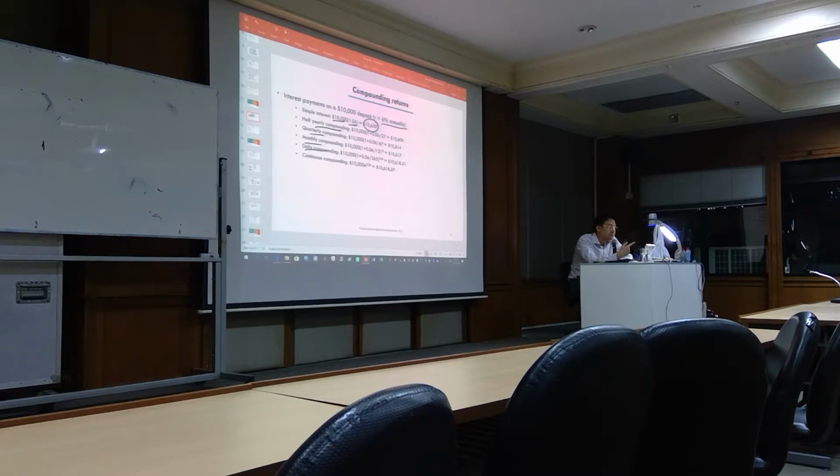But if a bank pays you with half-year compounding, they will divide 6% into 6 months, right? 6% is a full year. Therefore, for 6 months your interest rate will be 3%. In the first 6 months you get 3%, and in the next 6 months you get another 3%, therefore you have the square here.